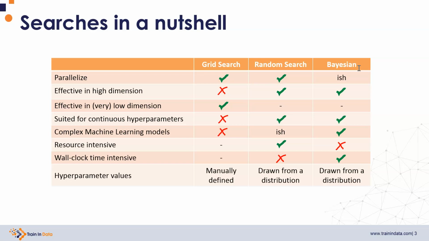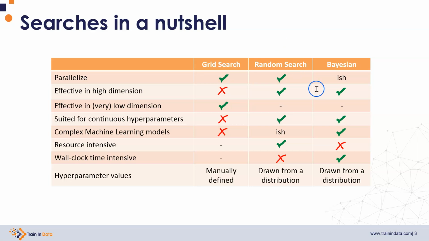So it is in essence a sequential search, but we can parallelize some searches in order to speed things up, and then there is of course a trade-off. The more we parallelize, the less we capitalize on the sequential advantages of Bayesian optimization.